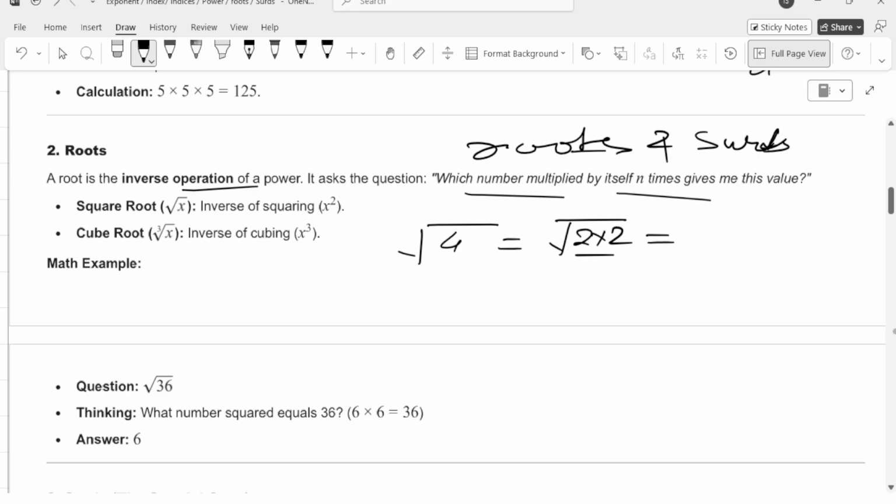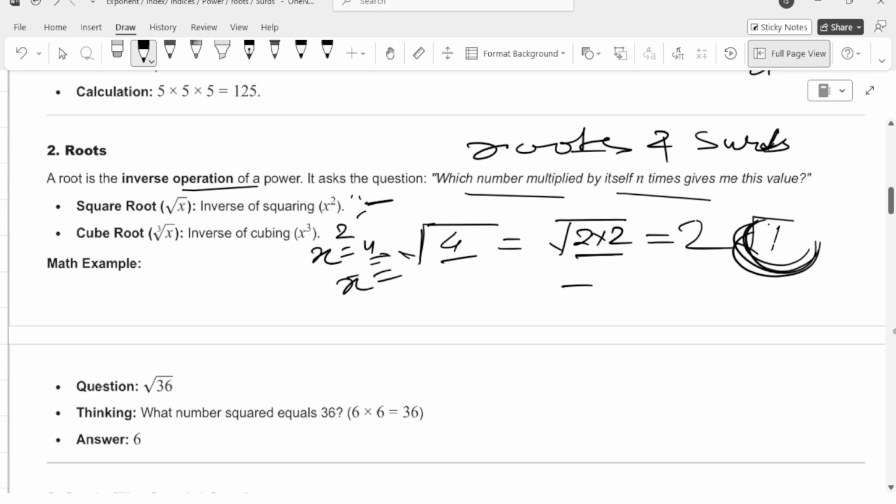For example, x squared is equal to 4. We move the square to the right side and inversely convert it, so x is equal to root 4. If there is a common factor outside the root and there is no root form, that we call roots.